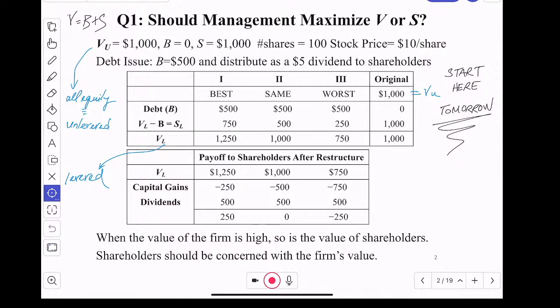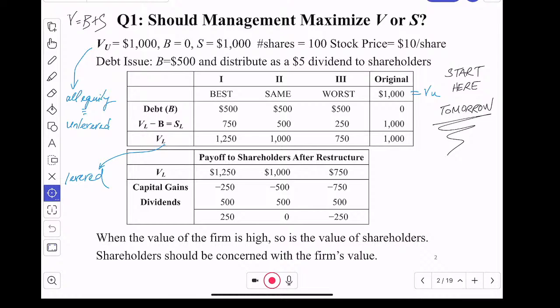So does the story end there? No, because shareholder equity is just a part of payoffs to shareholders. Remember, I'm going to distribute that $5 dividend to each share. So in total, that's $500 that goes to shareholders.